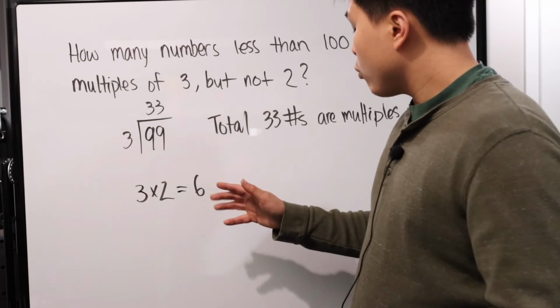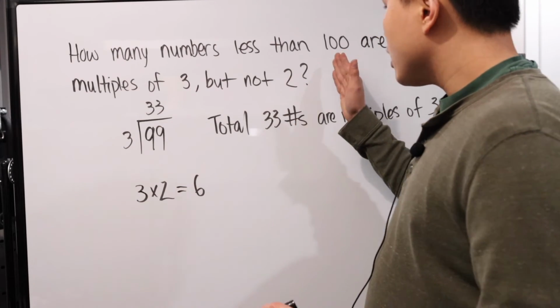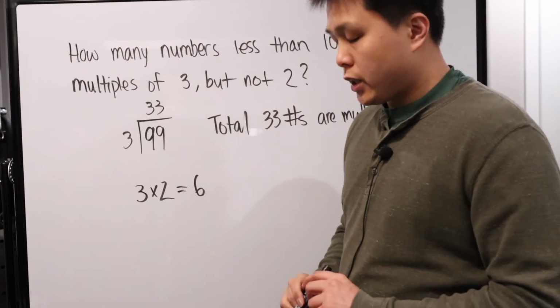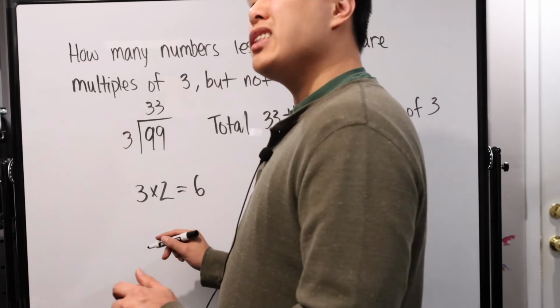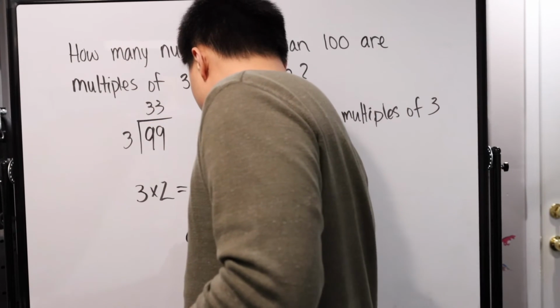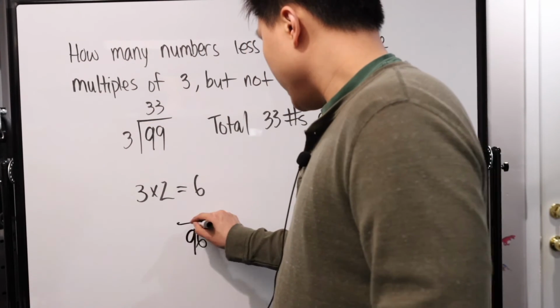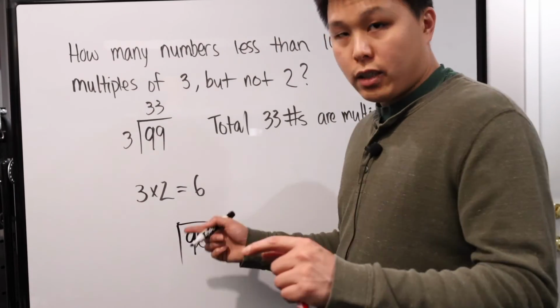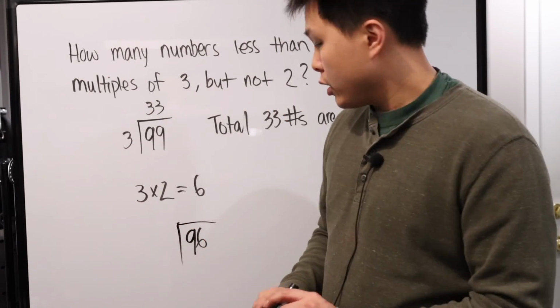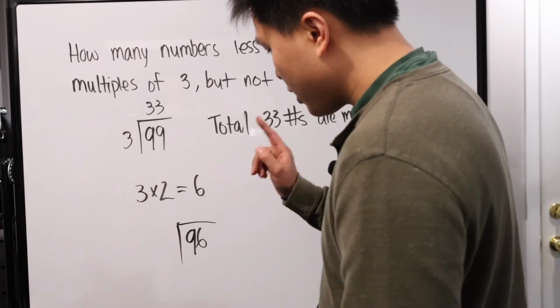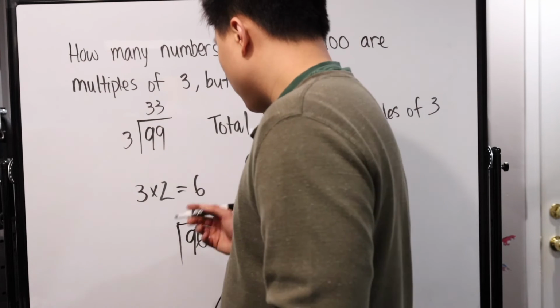So, we have to figure out what's the largest number that's less than 100 that is a multiple of 6. In this case, it's actually 96. Because 97, 98, 99, and then, of course, not 100. But you can test them out.